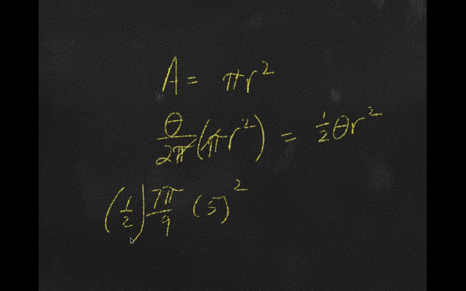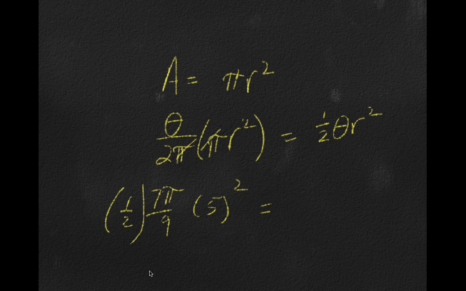In the area you just have a pi, so you have half of the angle times 5 squared. So 7 times 25 is 175 pi over 18. Okay, so this is area of a sector.